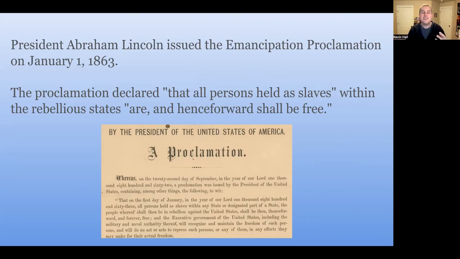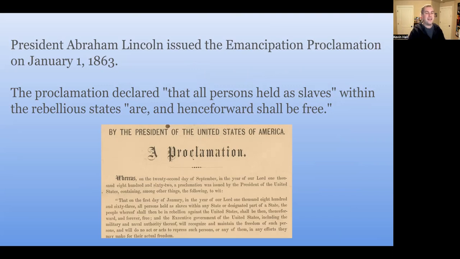It would be redundant if Lincoln said, oh, we're gonna free the slaves in the North too, and the North would be like, yeah, we don't do that anymore. So that wasn't necessary. The Emancipation Proclamation does specifically say that the slaves in the South would be set free, right? It doesn't say anything about the North because it didn't need to. The northern states had already freed their slaves, okay?